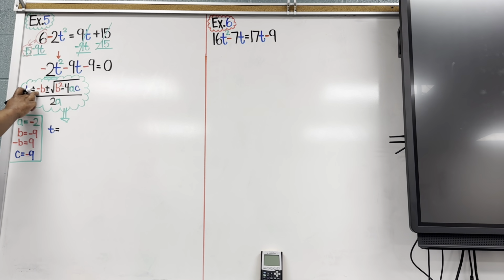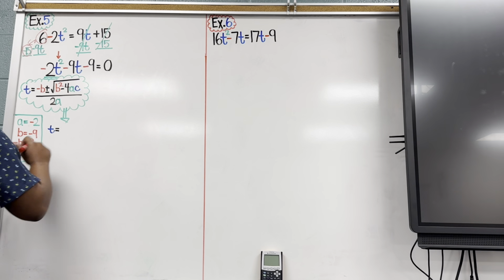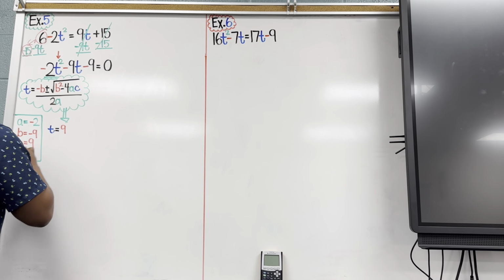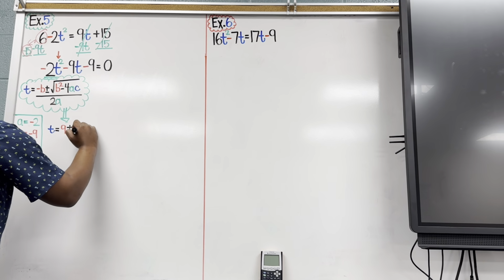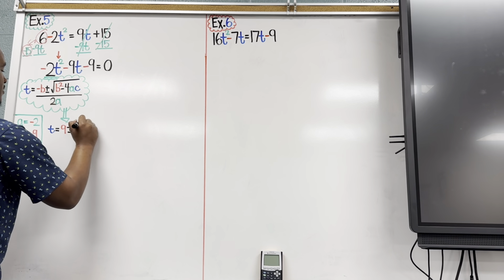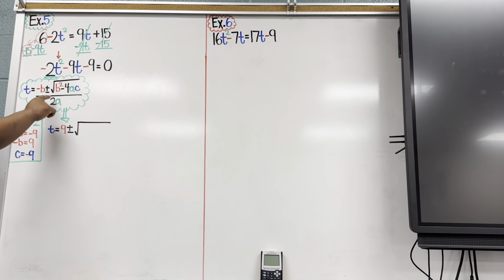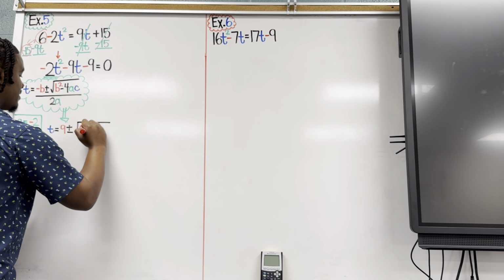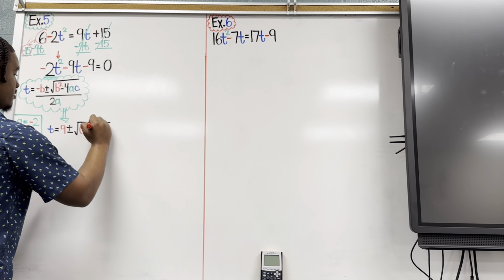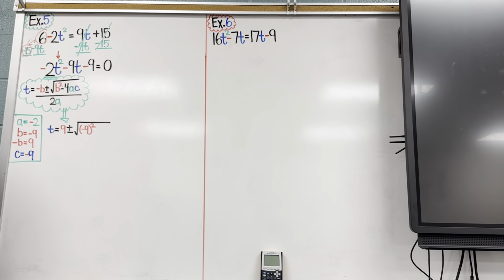Negative b is a positive 9, so it's going to be positive 9, plus or minus the square root of positive b, which is negative 9, so negative 9 squared.